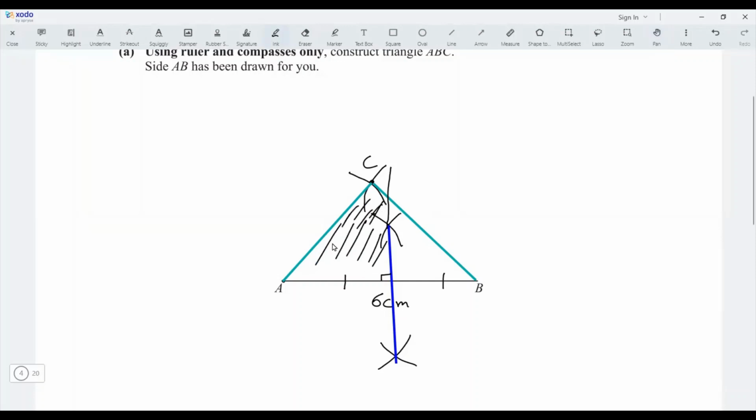If you shade this region, W can be lying here. If you shade the other way around, on the right hand side, that will be wrong, because the region to the right of the perpendicular bisector is nearer to B, not to A. So this is all for this question.